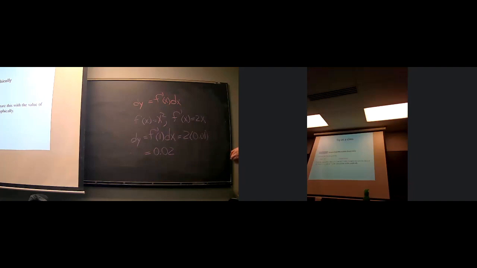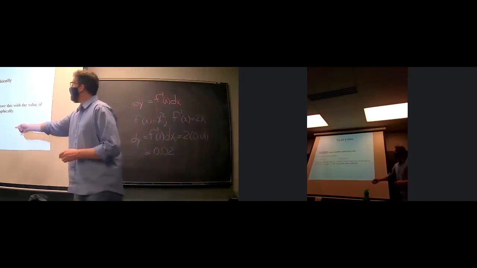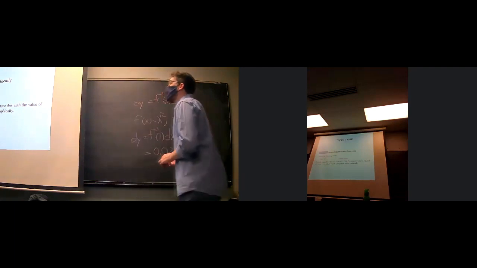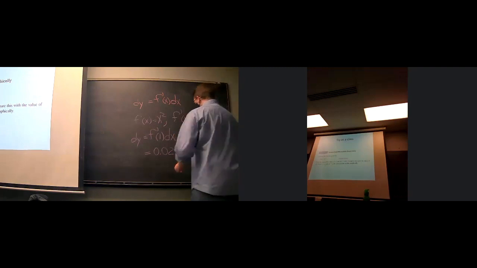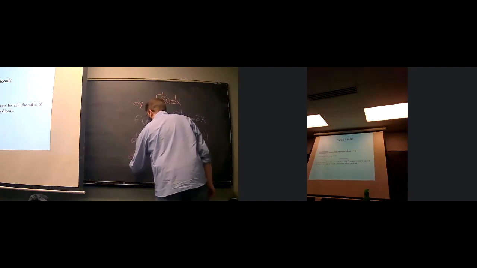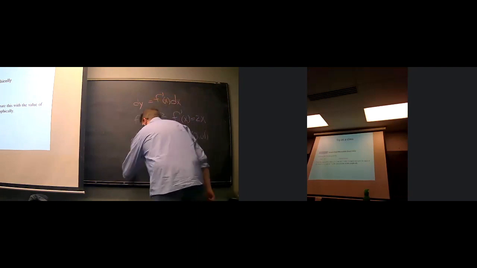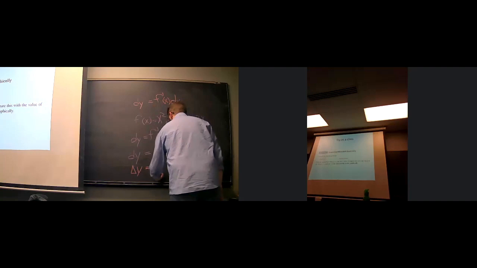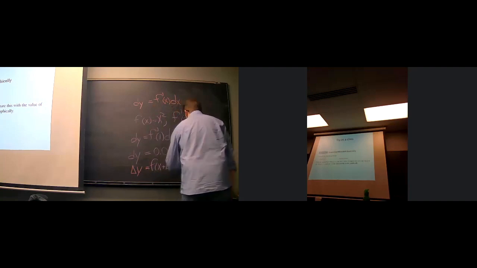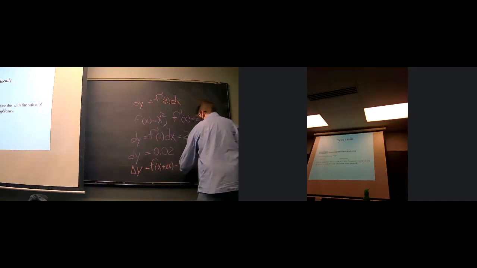Now, to compare this to delta y, delta y is the next thing we want to find. It's equal to our function evaluated at x plus delta x minus our function evaluated at x.